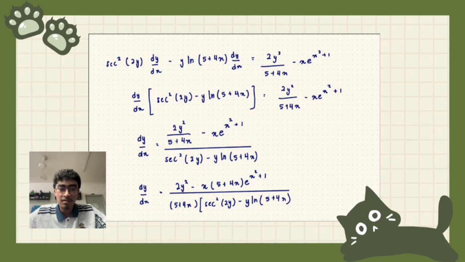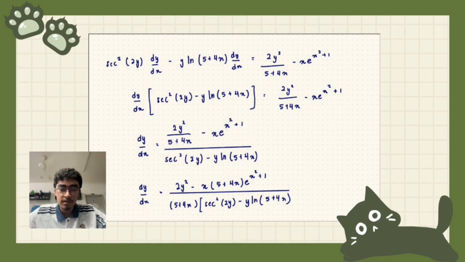Rearrange the equation, group all terms containing dy over dx on one side. We get dy over dx times (2 sec squared 2y minus 2y ln(5 plus 4x)) on the left side, and equals 4y squared over 5 plus 4x minus 2x e to the power of x squared plus 1 on the right side.